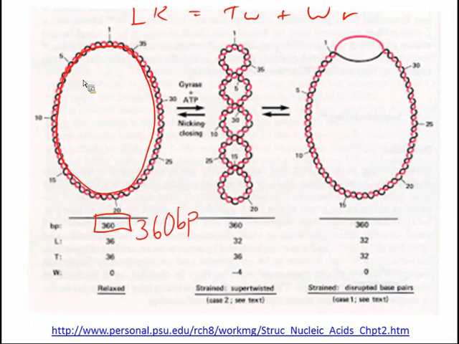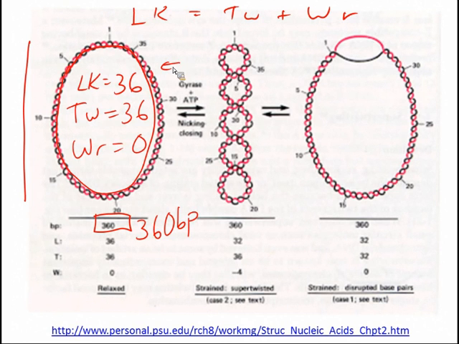Since this thing does lie in a plane, all projections except for the one that goes vertical to here, that would just project it to here, all projections that are not from the plane will have 0 crossings, and thus we know our writhe is 0. Link equals twist plus writhe, so twist is 36.